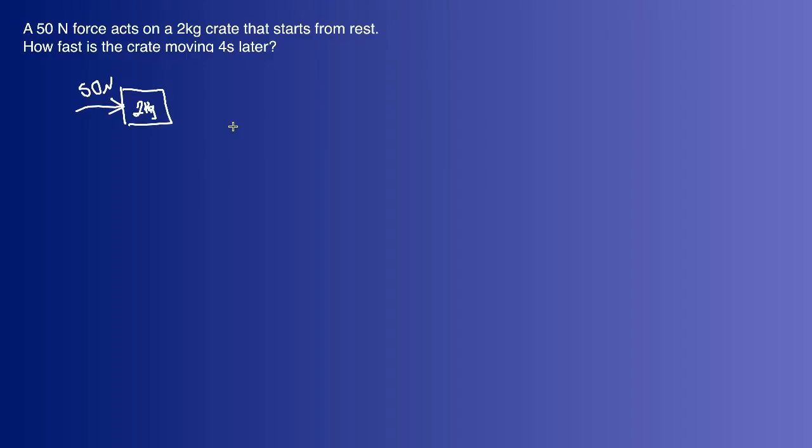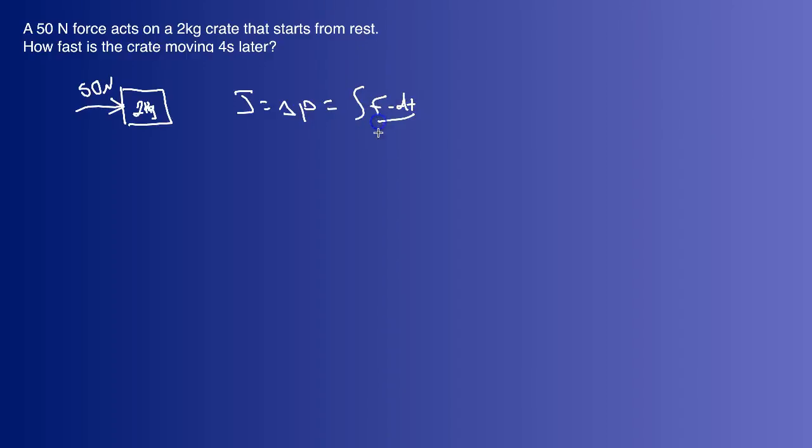We can use this concept of impulse as the change in momentum. Impulse, or change in momentum, is equal to the integral of F dt.